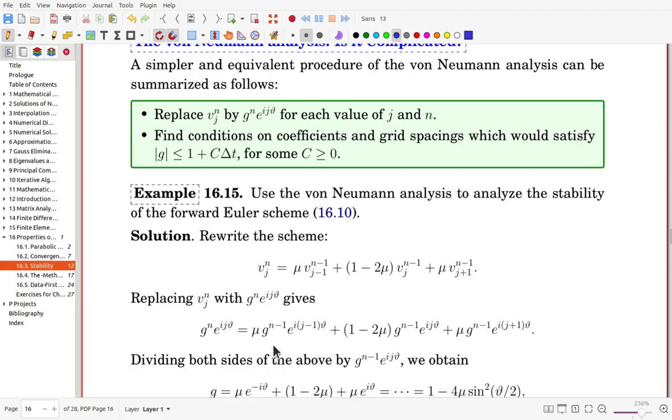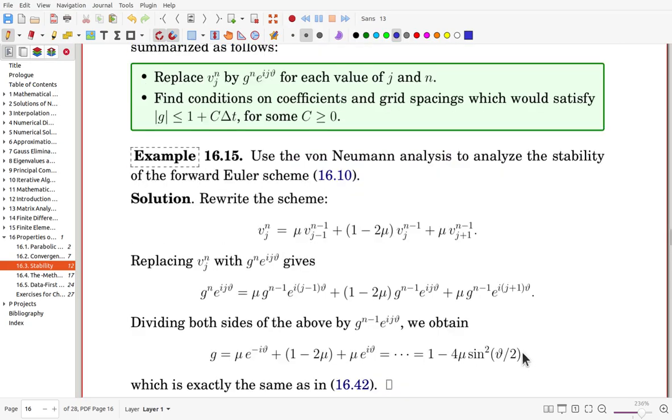Now for this one, mu times the power n minus 1 of g, and then that is j minus 1, so that is e to the i (j minus 1) theta. Similarly, you replace the other terms.